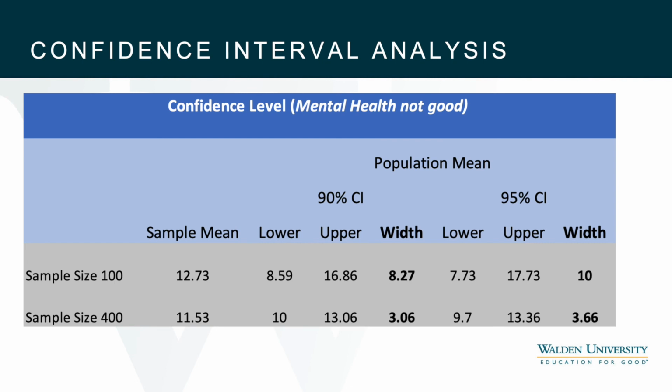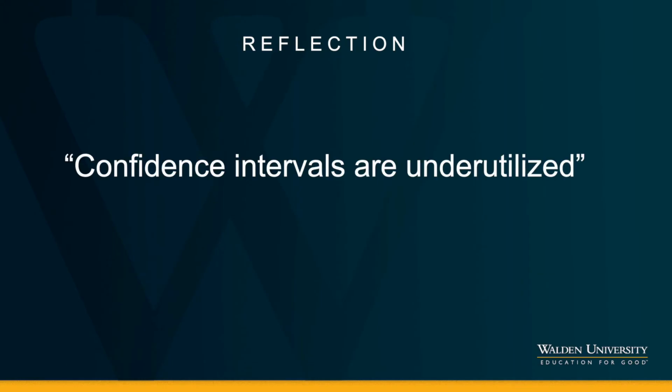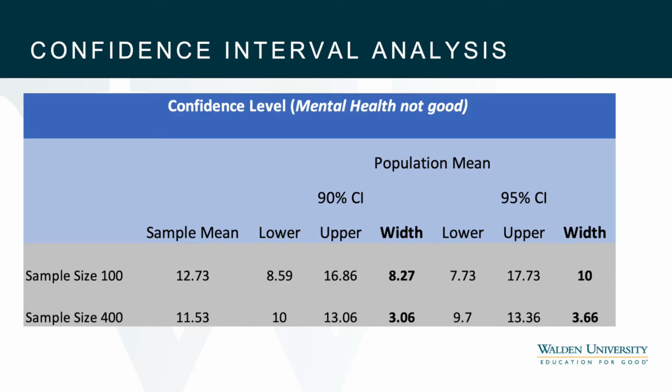Now, the last mention that I want to make here is that confidence intervals are often underutilized in the literature. Let's reflect on that and see what that means. I think we should go back to the numbers. If we don't present our population means as intervals, but merely as sample means and have that sample mean stand in as a point estimate instead of a range for the population mean, you can see that sometimes I'm not going to be exact.